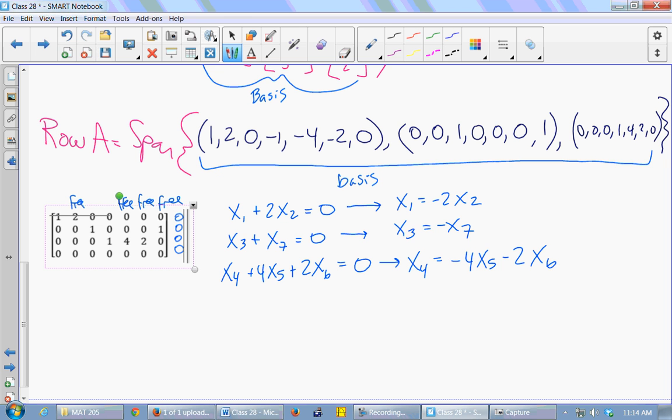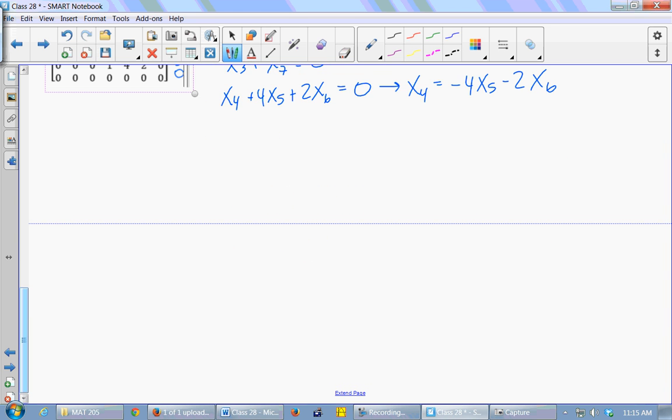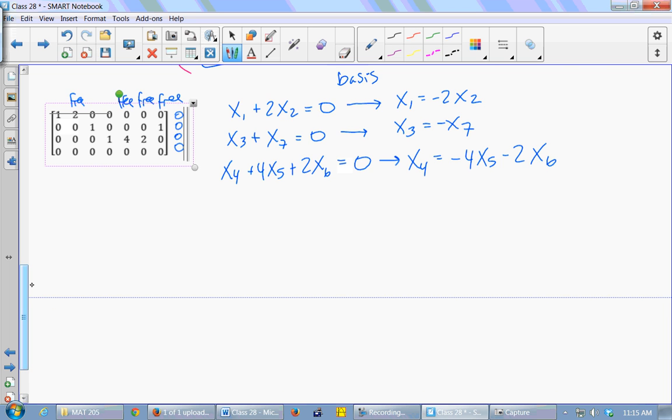And then I put this solution in parametric vector form. Okay, so x1 is negative 2x2. x2 is free, so I just put an x2 there. x3 is negative x7. x4 is negative 4x5 minus 2x6.